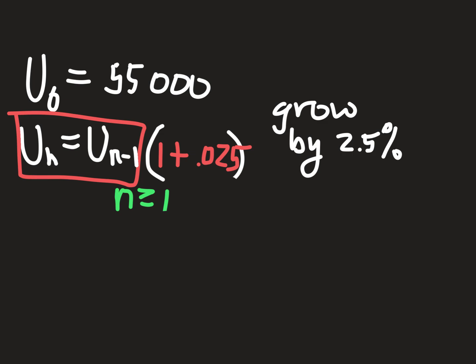That's still not right. Something's wrong. Okay. You only have 5,500, 55,000. You forgot a 0. There you go. Excellent. Thank you. You got it.